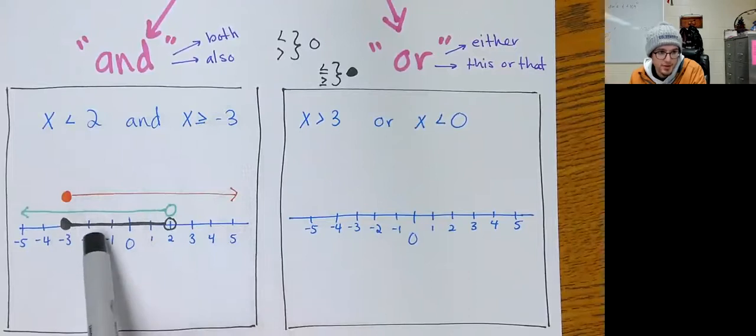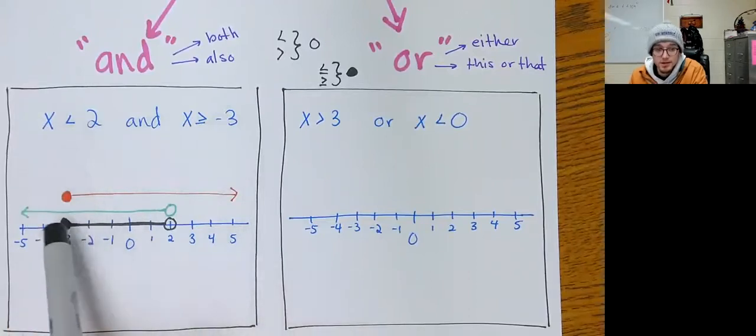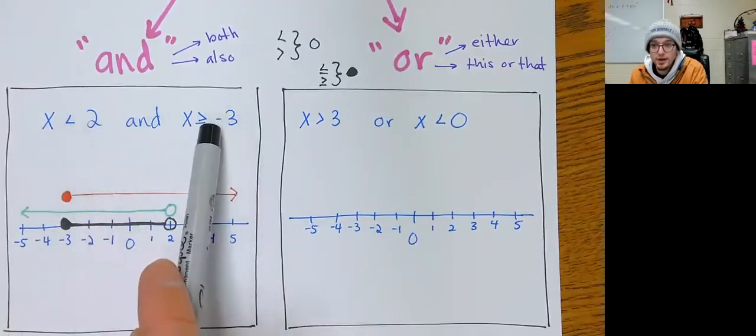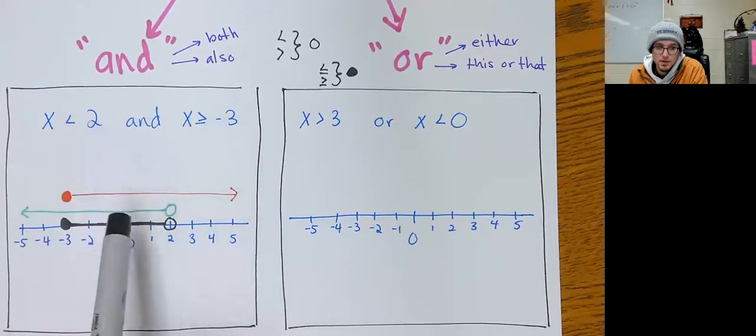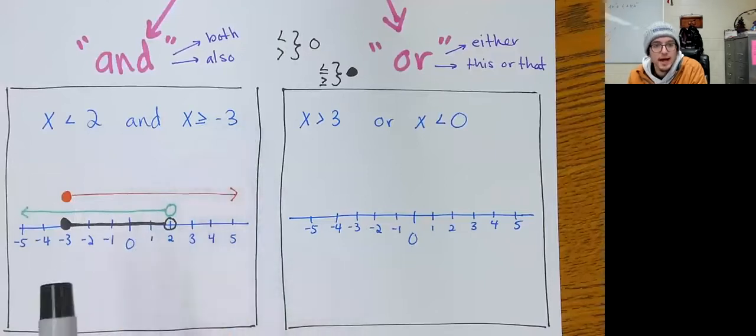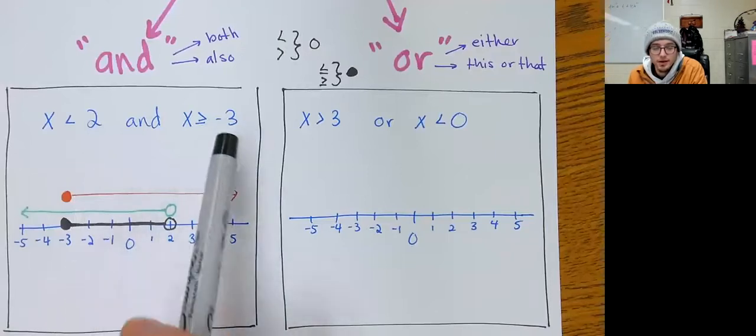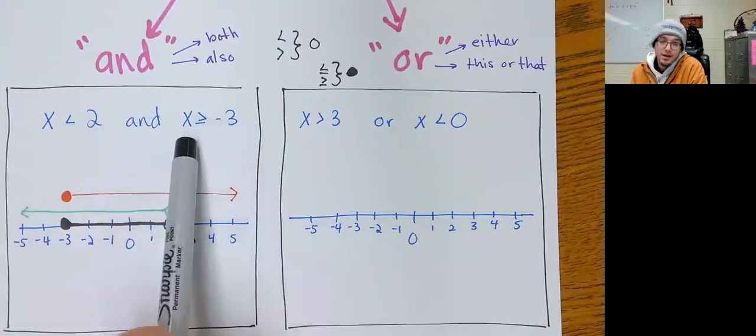If I plug in -2, is -2 less than 2? Yes. Is -2 greater than or equal to -3? Yes. Is 1 less than 2? Yes. Is 1 greater than or equal to -3? Yes.